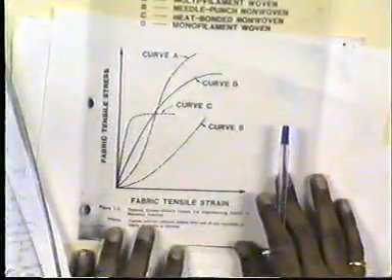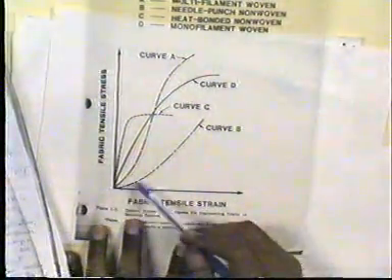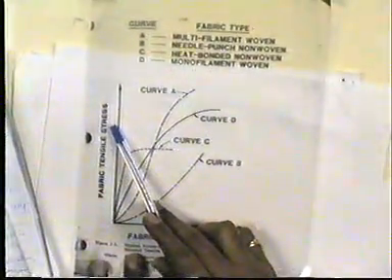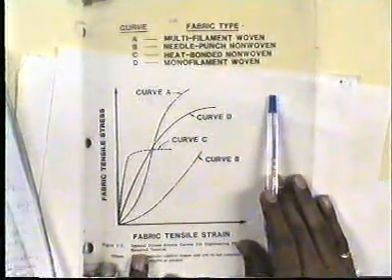From this test result, we can determine the different types of the stress strain curve of the geotextile material. In this transparent sheet, you can see the fabric tensile strain and the fabric tensile stress for the different types of the material.